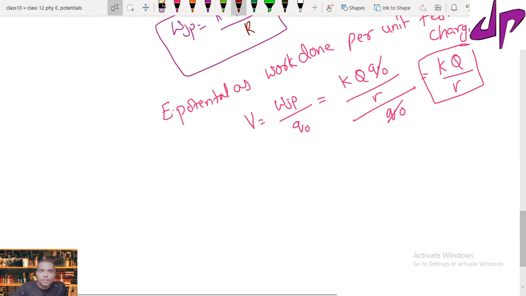So finally the expression contains the term capital R. Capital R is the distance.